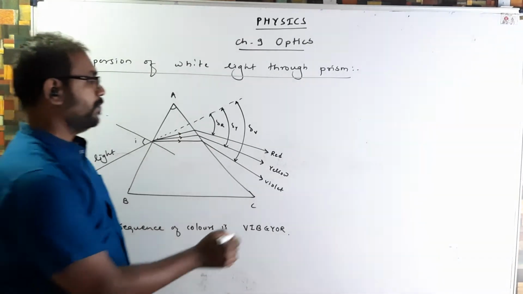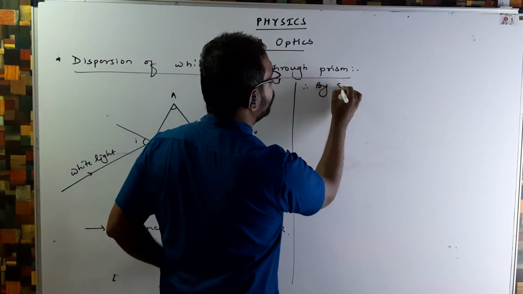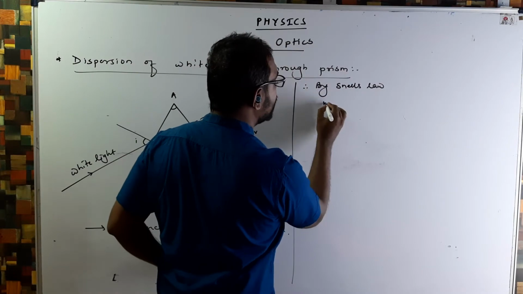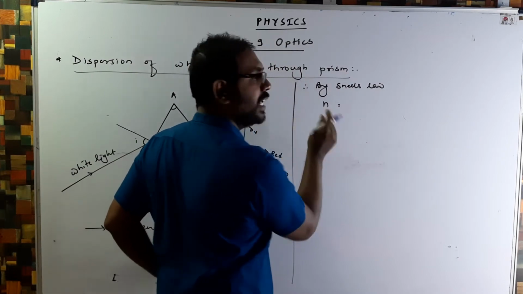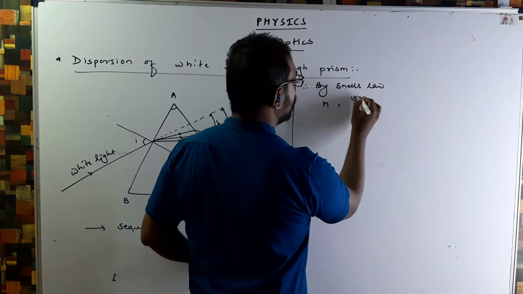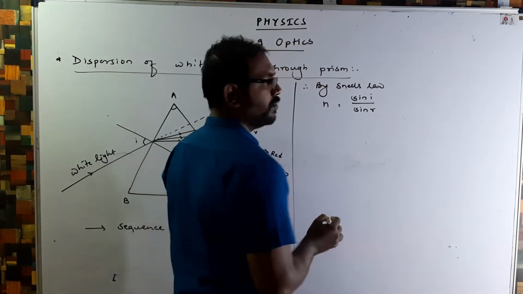So in simple words, we use here Snell's law. Hence by Snell's law, the refractive index of material of the prism, I use n for that, is equal to sin I divided by sin R. So this is the formula.